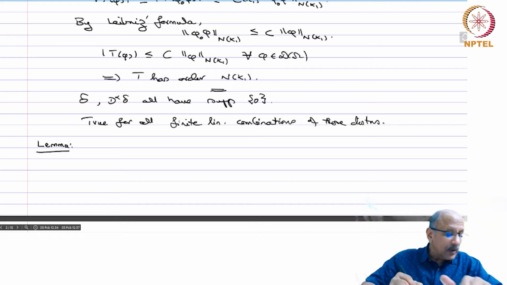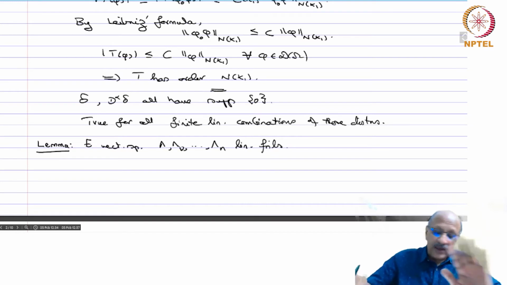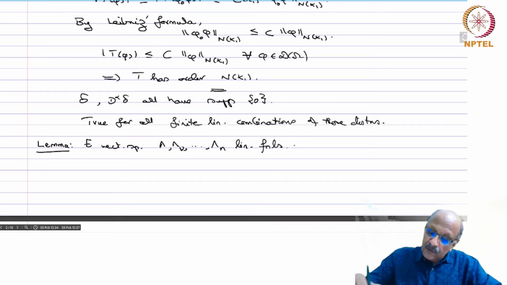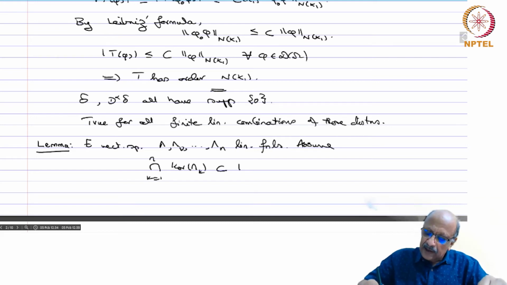Let E be a vector space and lambda 1 up to lambda n linear functionals. So there is no question of continuity here because we are just taking a vector space. So assume that the intersection over k equals 1 to n of the kernel of lambda k is contained in the kernel of lambda.